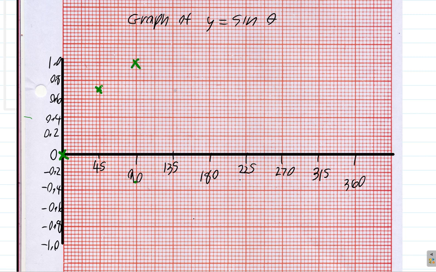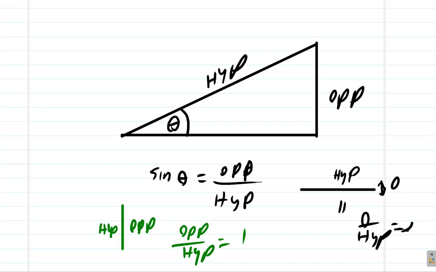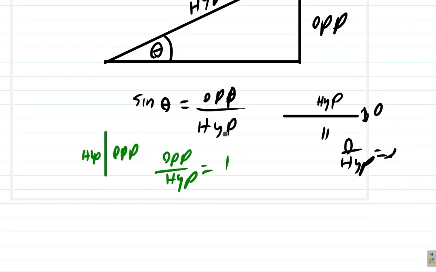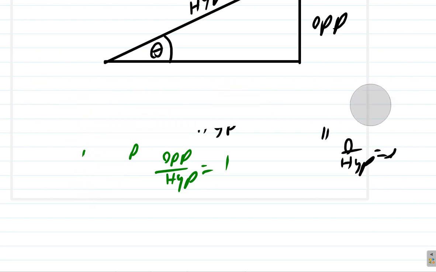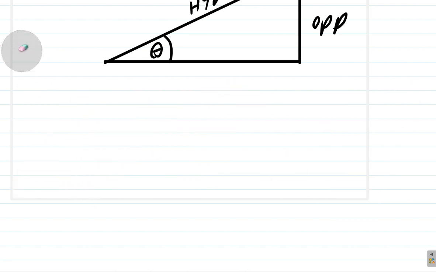Let's look at the sine of 135 degrees. What would it be? Now, here. When you talk about 135 degrees, what you're talking about is something like this.